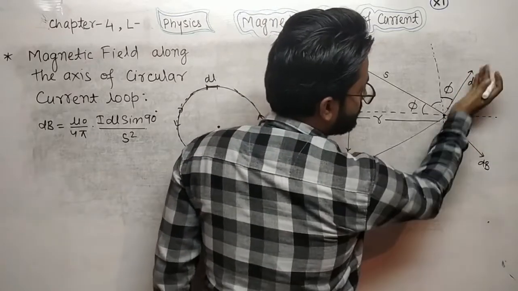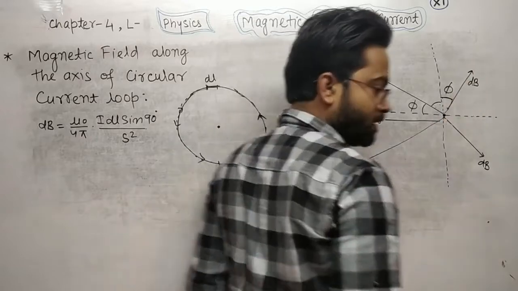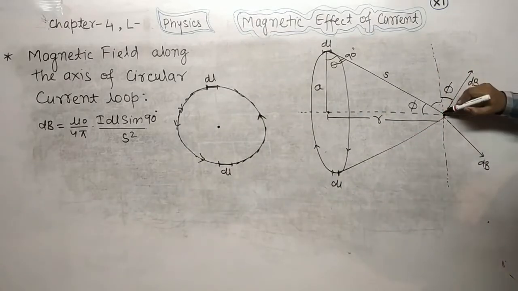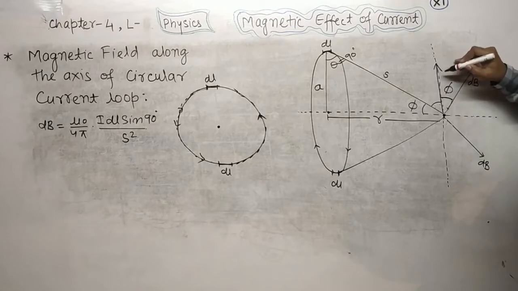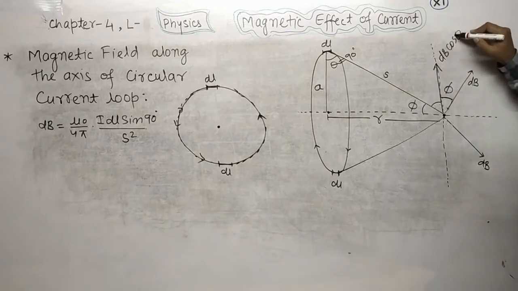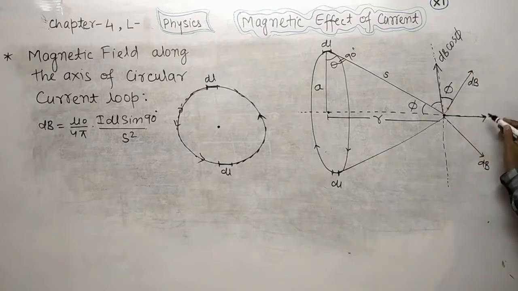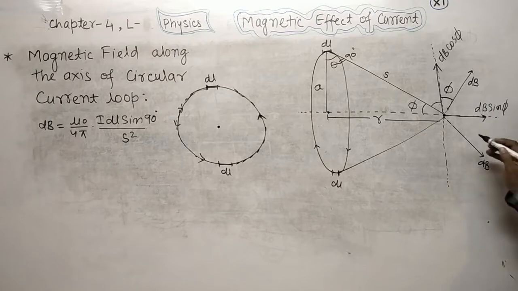If you resolve this element, it gives dB cos phi in this direction, and opposite to phi, dB sin phi.